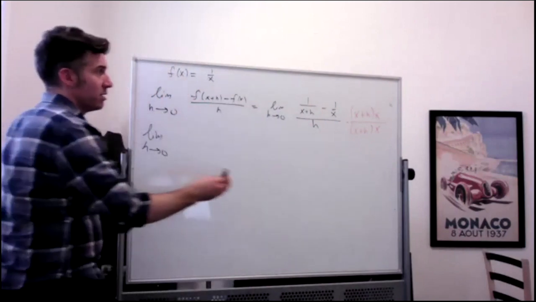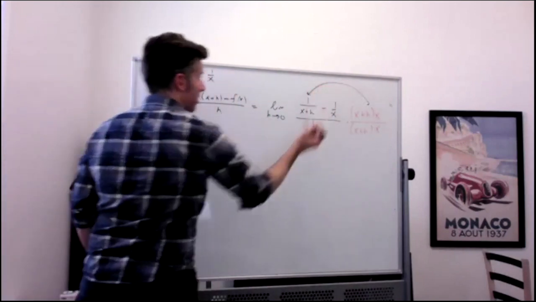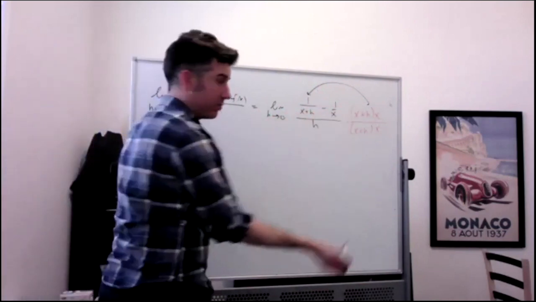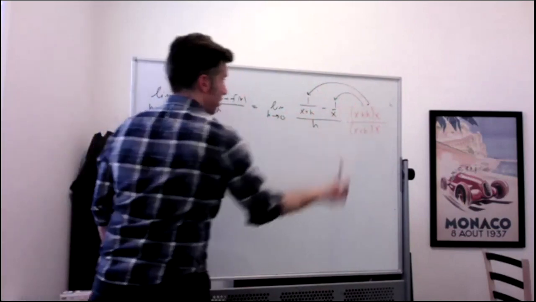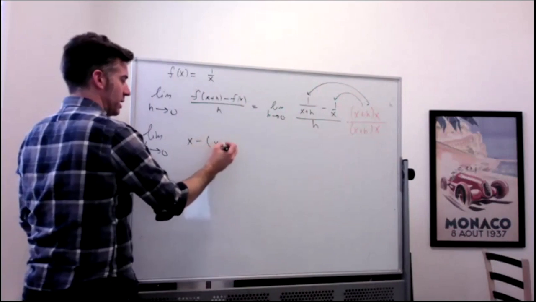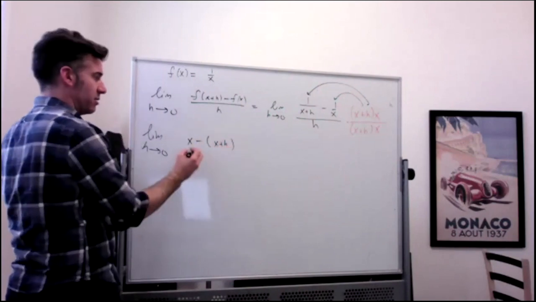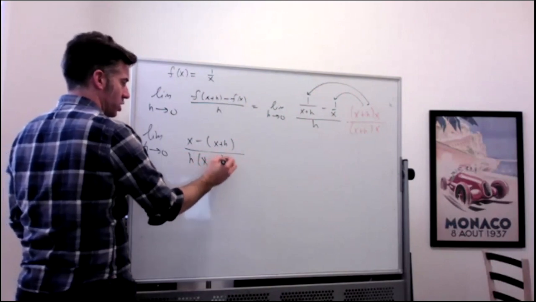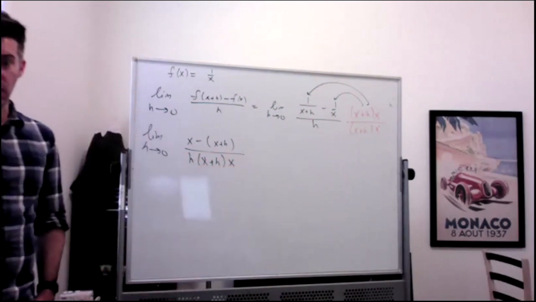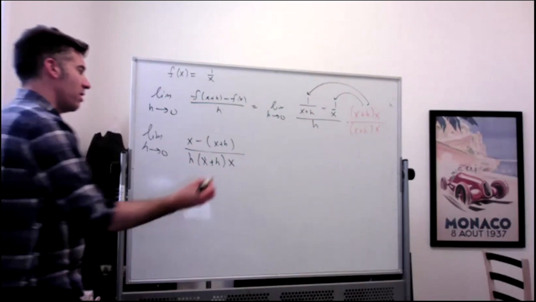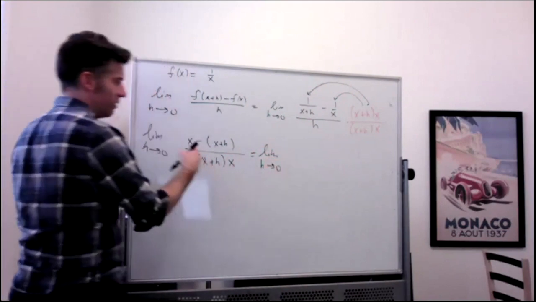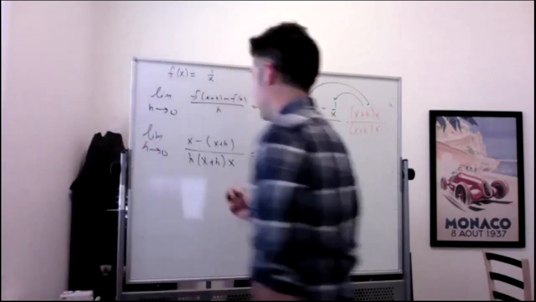And let's see. If I multiply here, I get x, because the x plus h is canceled. When I multiply here, I get x plus h, because the x is canceled. The bottom is still not really changed. It's h times x plus h times x. And then you get the limit as h goes to 0 of, so I subtract, x minus x is 0.